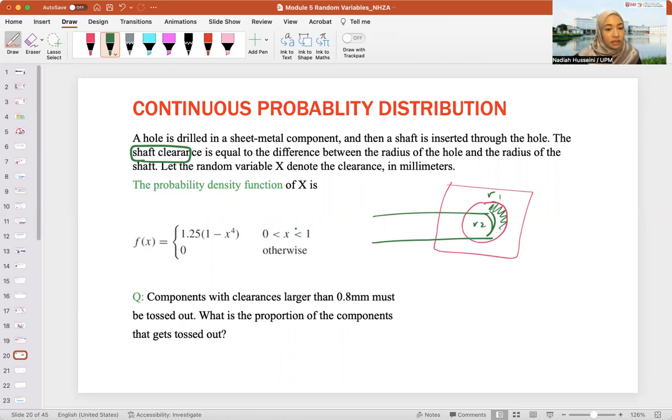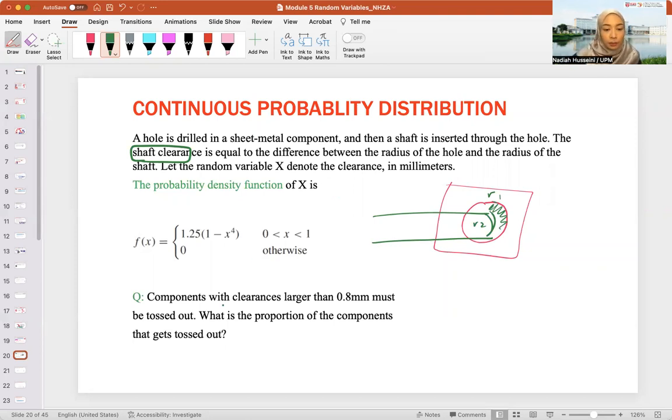Otherwise, if x is less than 0 or greater than 1, it will be 0. There's no gap. This is what it means for this function.